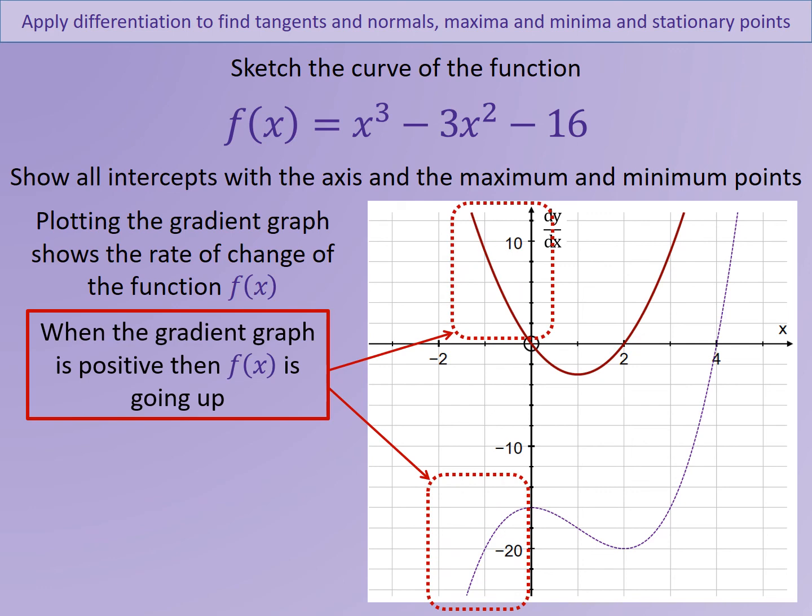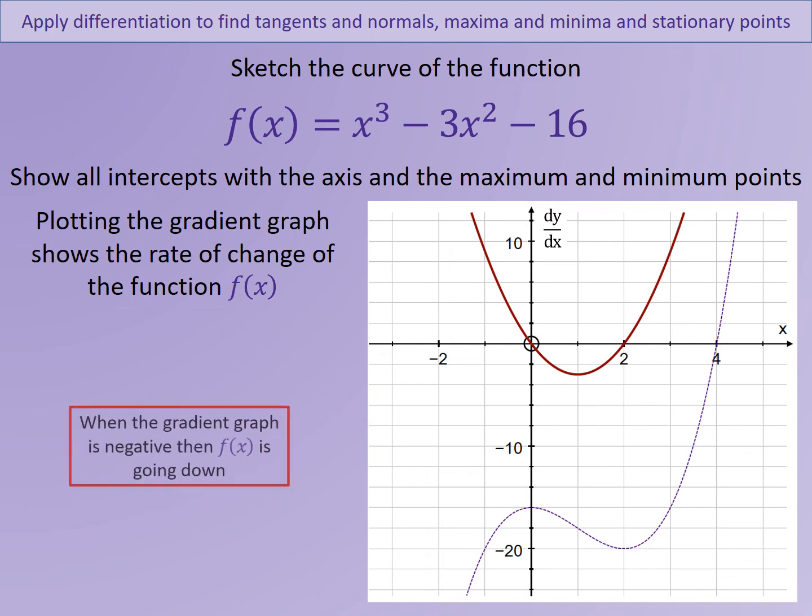And you can see that when the gradient curve is positive, in other words, when dy by dx is greater than 0, which is highlighted on the dy by dx graph, then because the gradient is positive, it means that on the original curve, as you're seeing at the bottom of the diagram, the gradient is positive at every point along the curve in that section.